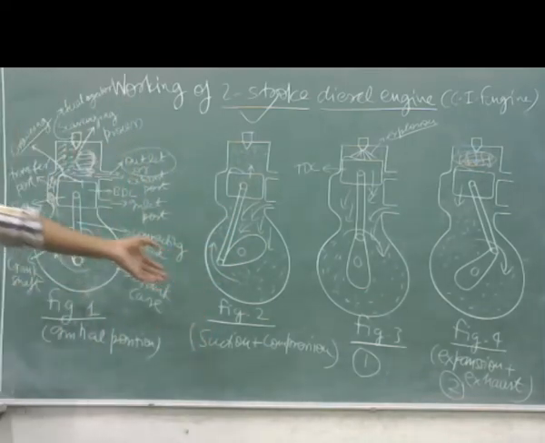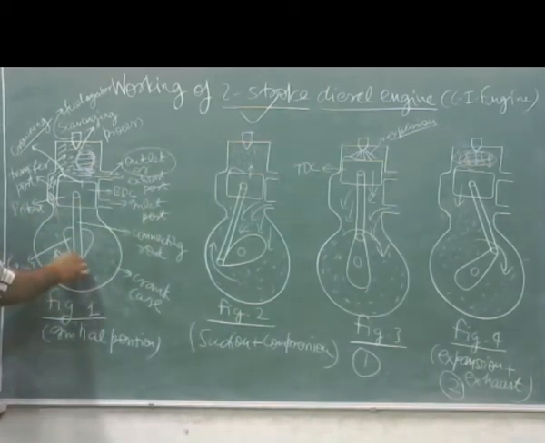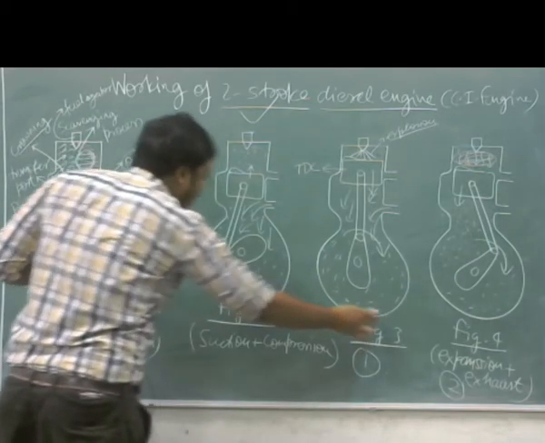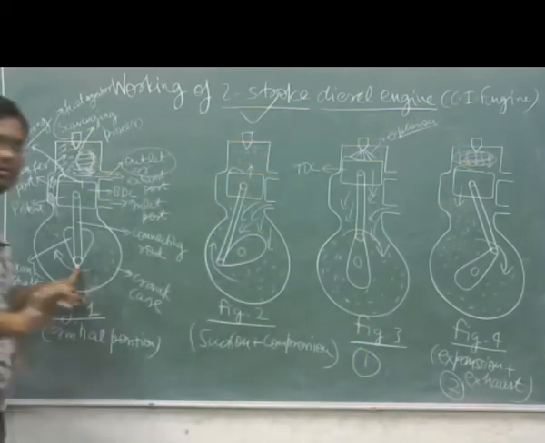We can also see the revolution of the crankshaft. How many revolutions of the crankshaft are there? We can see that from these diagrams. So this is the initial position of the crankshaft. The crankshaft is moving in the clockwise direction. So from figure 1 to figure 3, we can see that the crankshaft has moved by half a revolution.